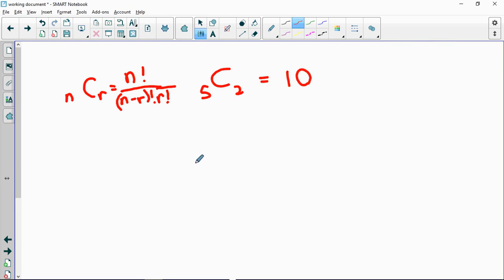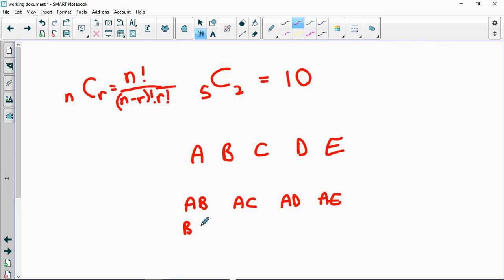Let's just check this out. Suppose the boys were called A, B, C, D, and E. I could take A and B, A and C, A and D, A and E. I haven't taken B with C, B with D, or B with E. Notice I have taken B with A over there.